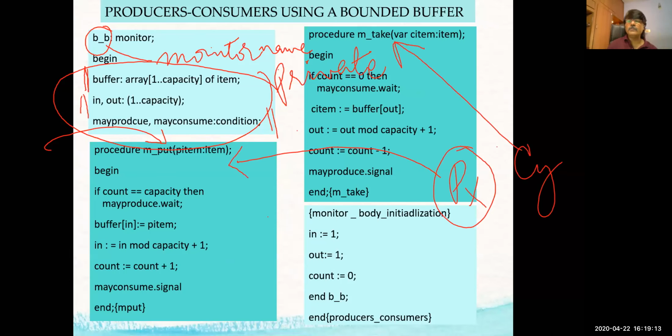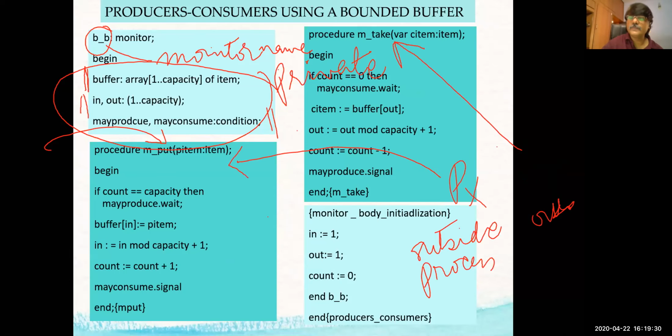This is how the producer and consumer will be putting information in the buffer. So PX is an outside process. It is not part of the monitor. And consumer Y is an outside process. Both are outside processes. Nobody belongs to the monitor. But both these outside processes can use the public functions of the monitor.